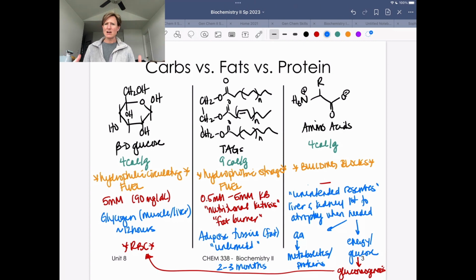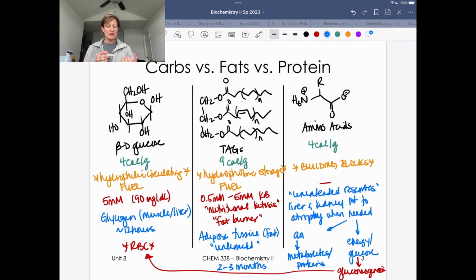But for those 10 that are not essential, meaning we can make them ourselves, we can convert other alpha keto acids into those. But for the essential ones, if we're not consuming them in our diet, we might need to break down these unintended reserves to get access to those building blocks to build the proteins that we need to do our biochemistry or build the metabolites that we need for many of our biochemical functions.